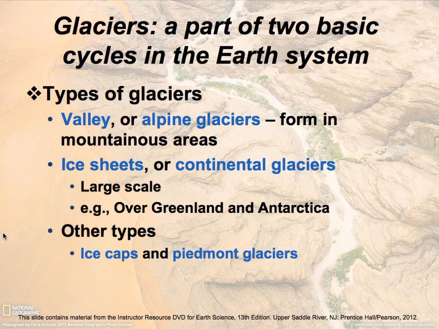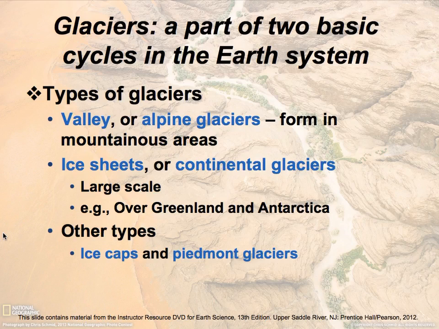The other main type of glacier is called an ice sheet or continental glacier. These are large in aerial extent, very thick. Typically, I think that they are 50,000 square kilometers or greater in area. That's the cutoff between ice sheets and what are called ice caps, smaller, large-scale continental accumulations of ice and snow.